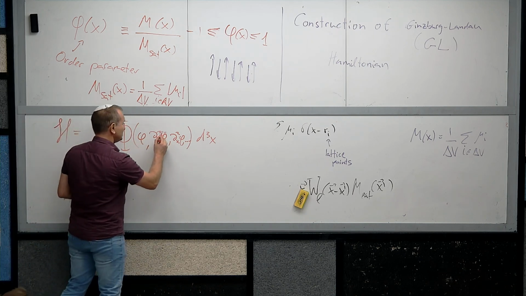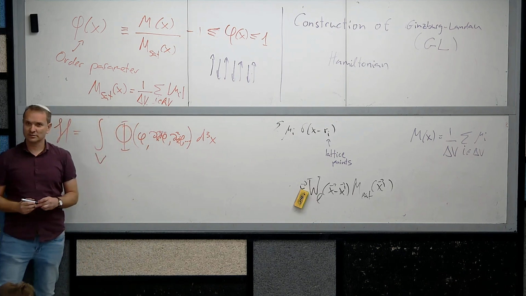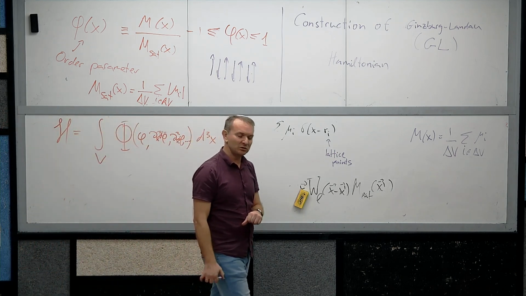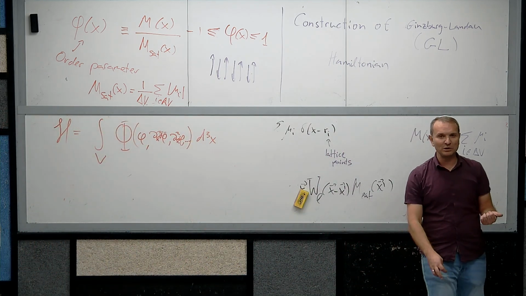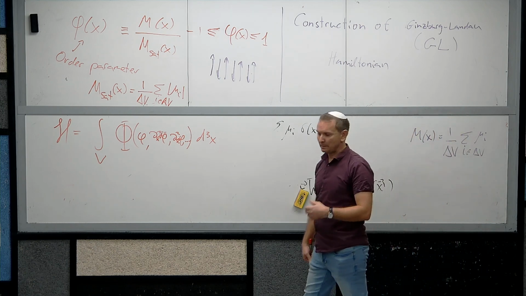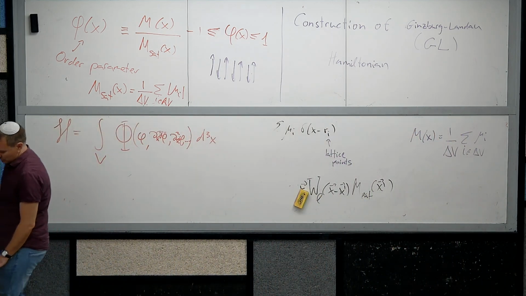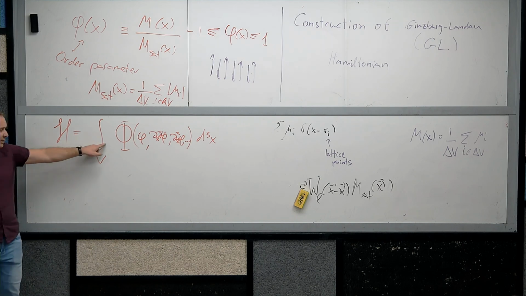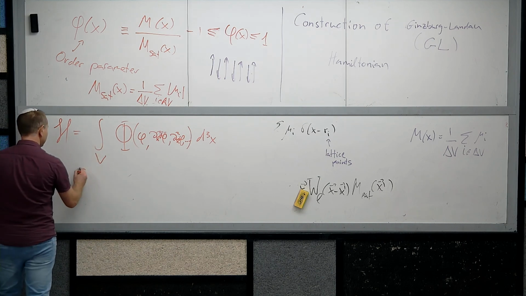Let's call it x. So derivative with respect to x, derivative with respect to y, derivative with respect to z, etc. So in order to construct phi, I use again symmetries.